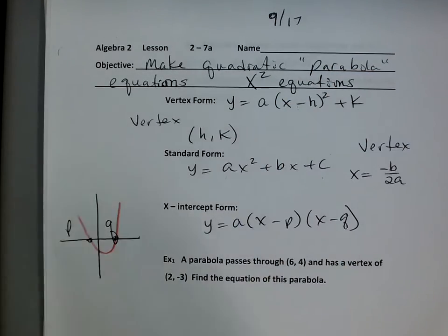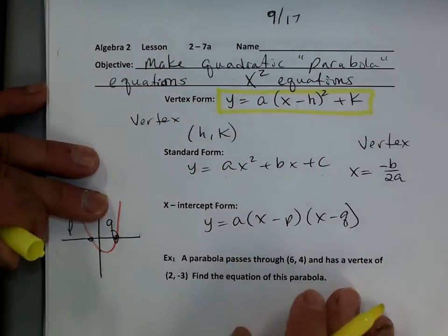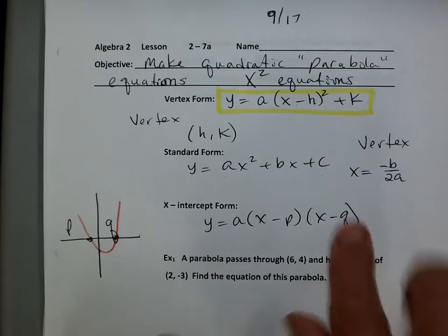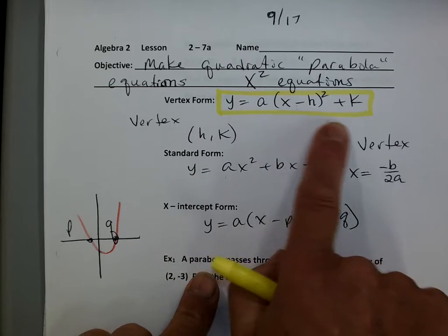So far, we've got 3 different ways to write x squared equations. One is the vertex form, which I like best: y equals a times x minus h squared plus k.